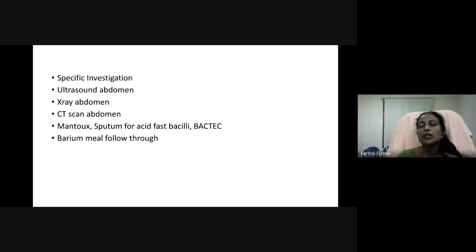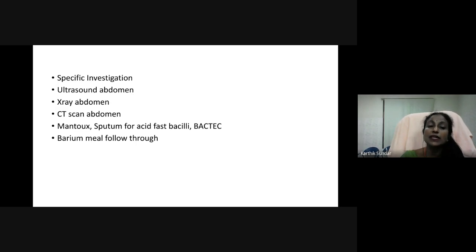Only a high frequency ultrasound or an expert can pick up things like the thickening. Even then, it is not all that reliable as far as hollow viscera and bowel are concerned. A better investigation than ultrasound is the CT scan abdomen.